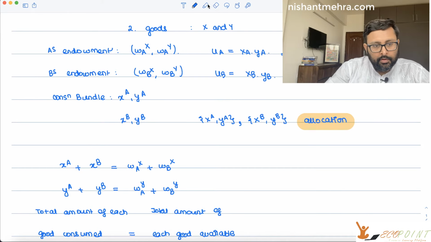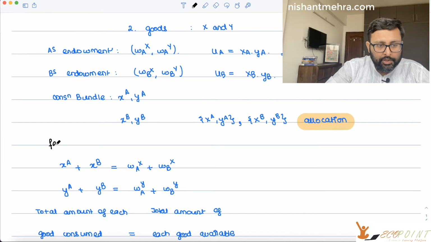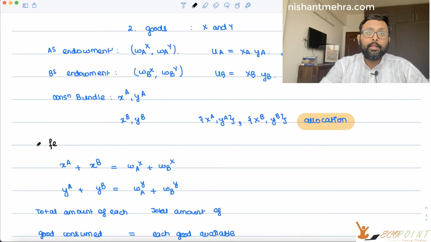So this you call a feasible allocation. It should not happen that you are demanding more than what the economy can supply. So that is not a feasible allocation.